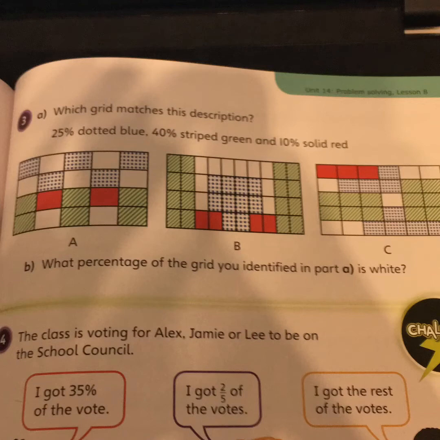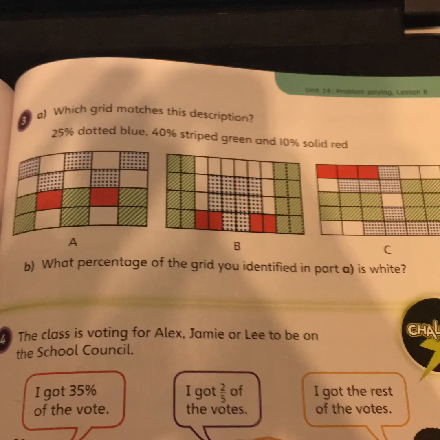So, answer time. If I look at A, it has 20 rectangles. It's split into 20 parts. So my denominator would be 20 and 5 of those are blue. So 5 out of 20 are blue. If I simplify that fraction, 5/20 is the same as 1/4 and 1/4 is the same as 25%.